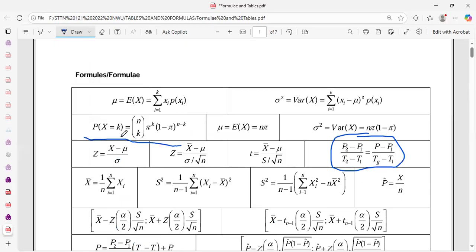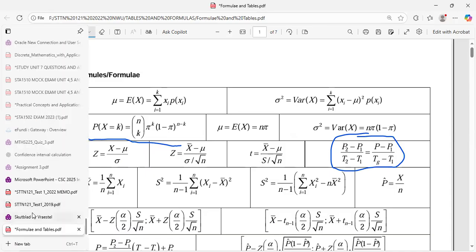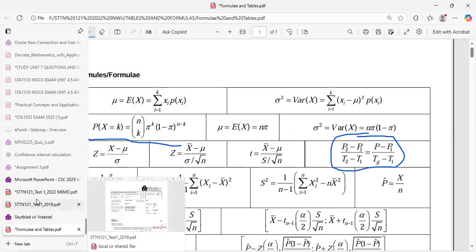This is the formula: 10 combination the value of k, to the power. Let's see, on my side, where's the question?